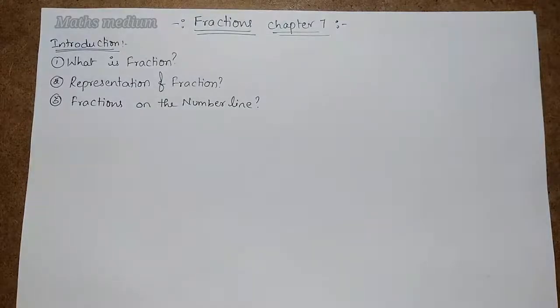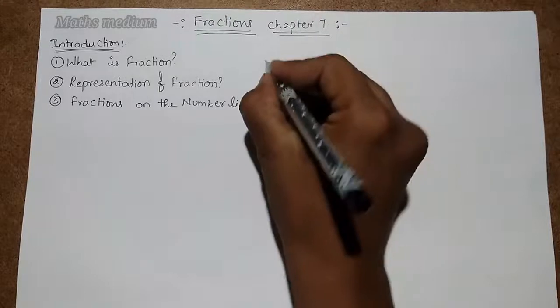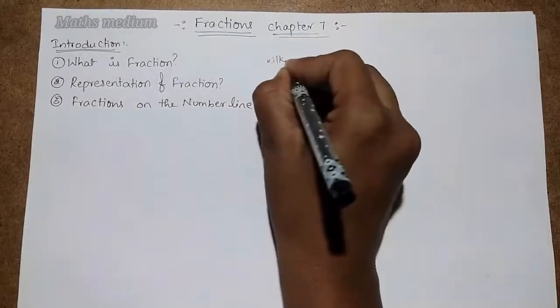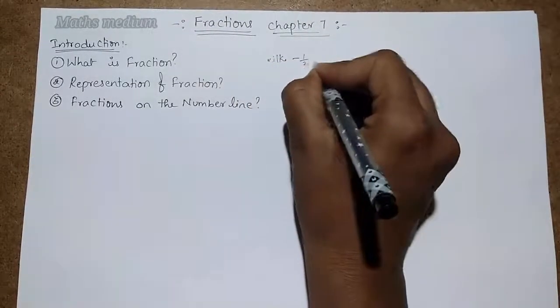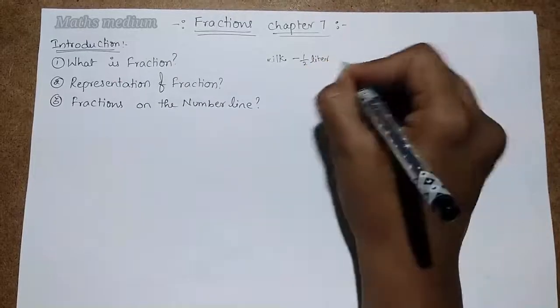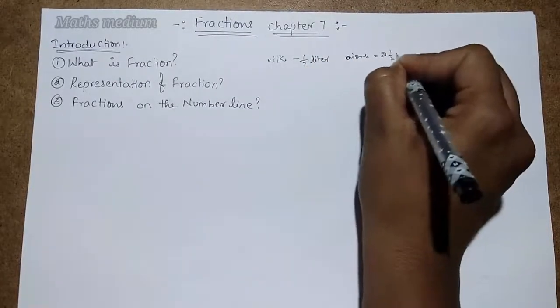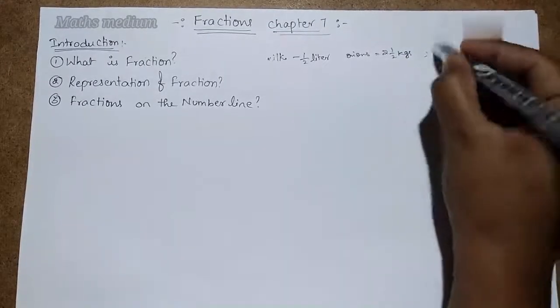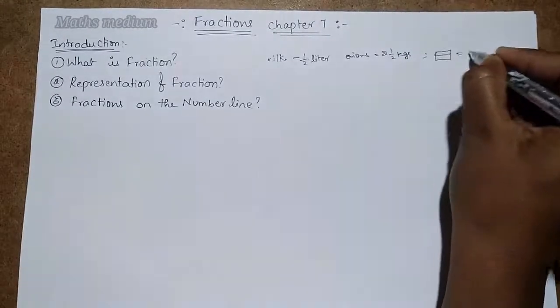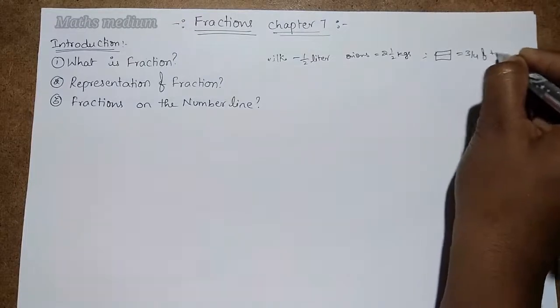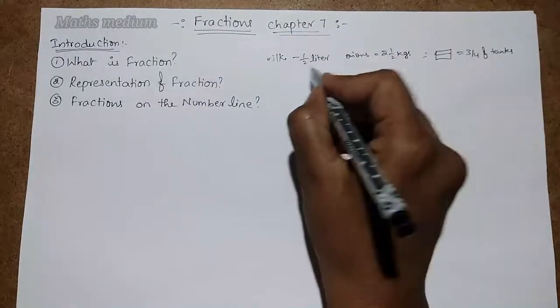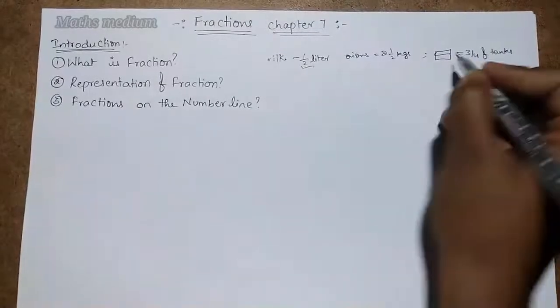In our daily life, we start a day with fractions. For example, milk we can buy as half a liter, onions 2.5 kgs, or a water tank filled with 3/4 of the tank. See here, half, 2.5, 3/4.